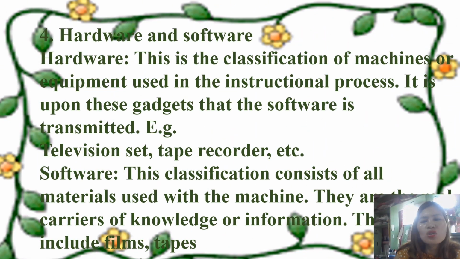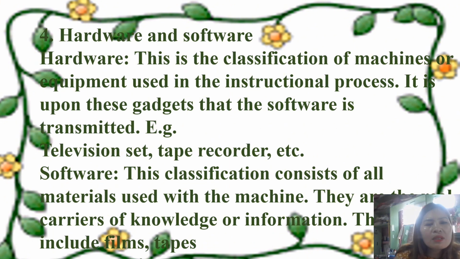Another classification of instructional media, we have the hardware versus software. Hardware, this is the form of classification of machines or equipment used in the instructional processes. It is upon these gadgets that the software is transmitted.